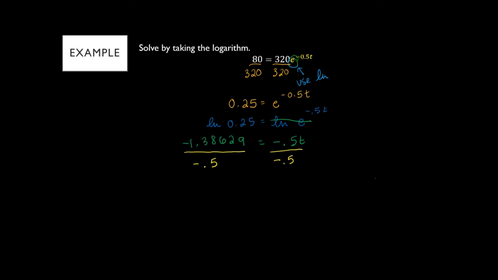So I just do the divide part, and we're going to get, as t, 2.7726 when you round to 4 decimal places. So you really get 2.7725888722. So we're rounding after the 5, we want 4 decimal places, and that 8 forces us to round up to a 6.